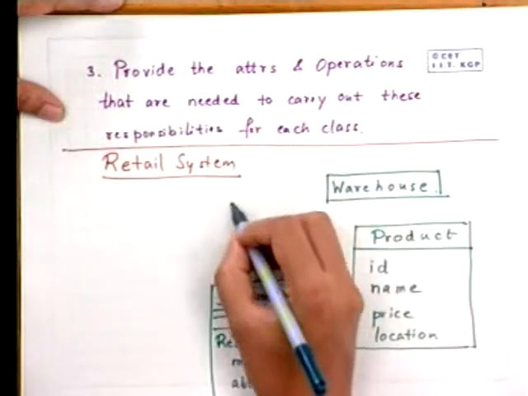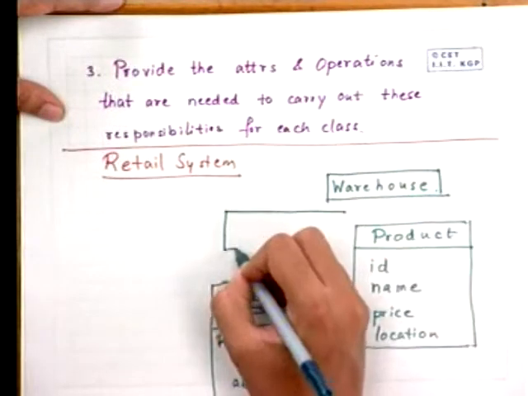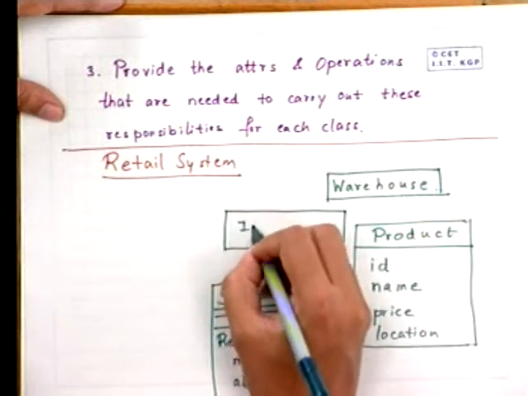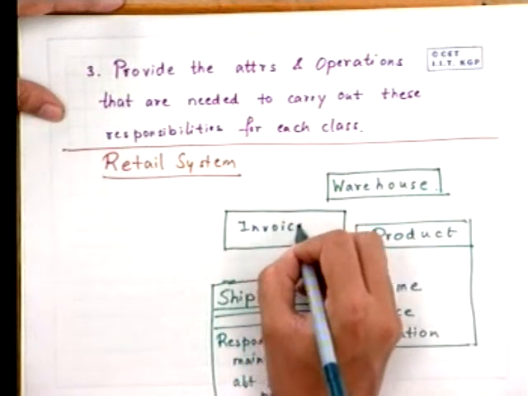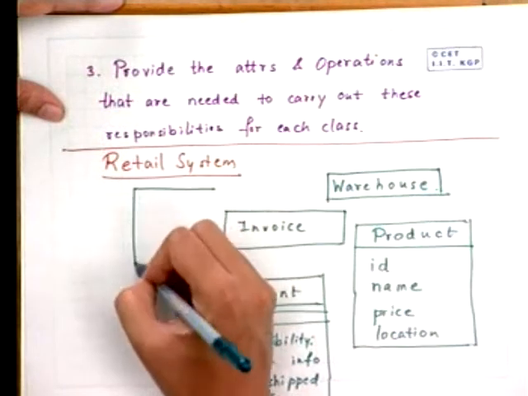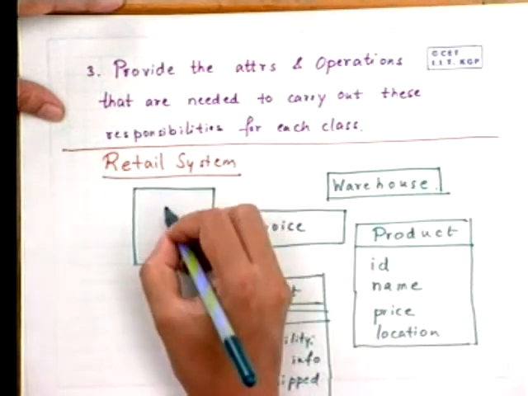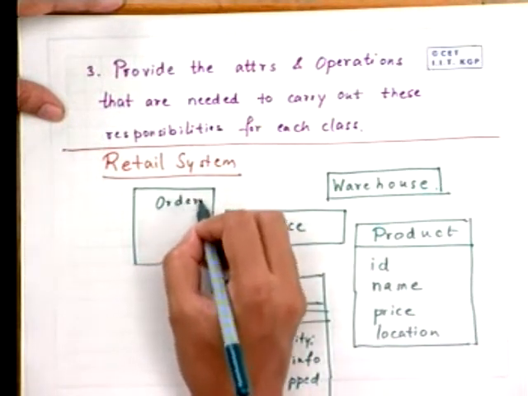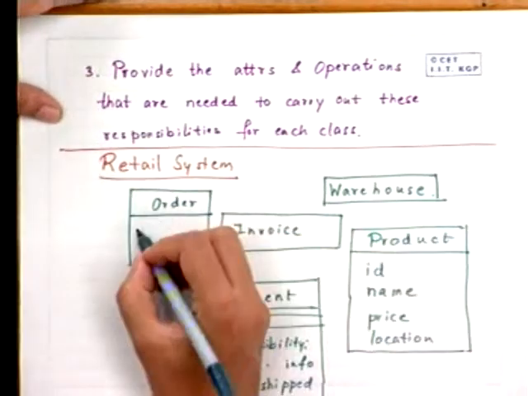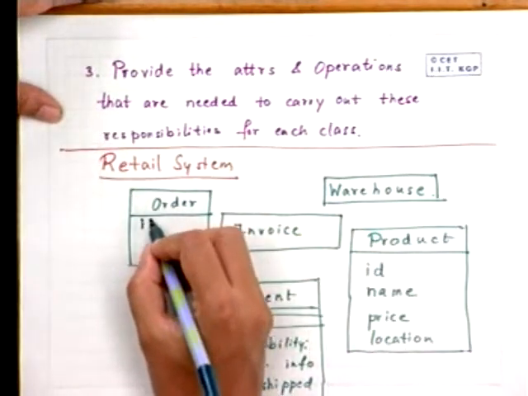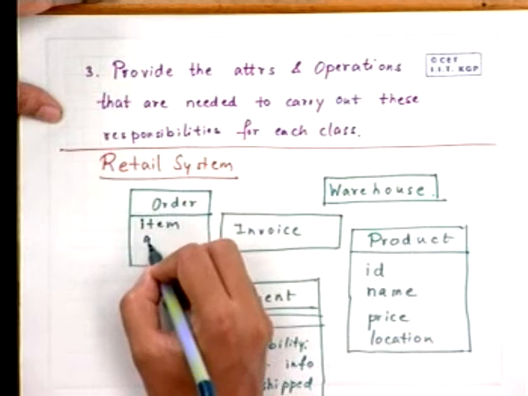So we have 3 classes so far. The other classes are invoice, then we have an order, the order has these attributes: item and quantity.